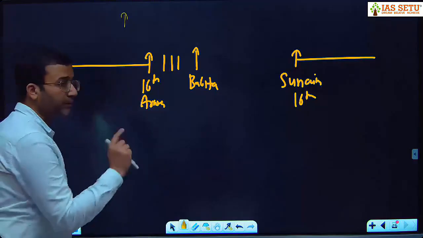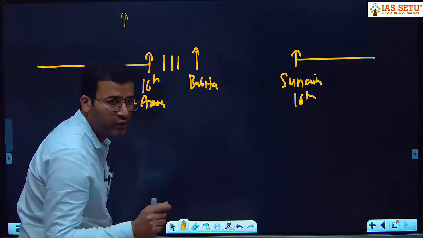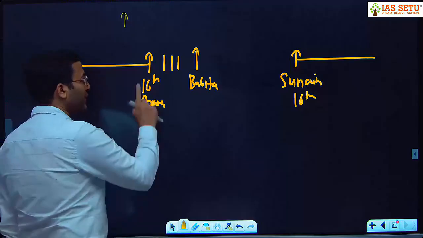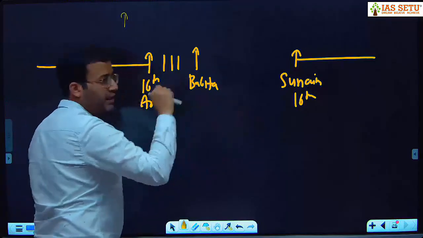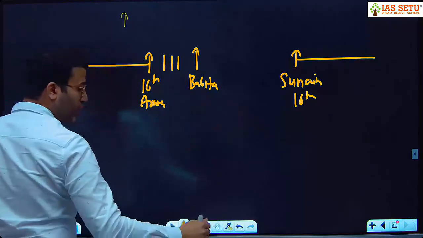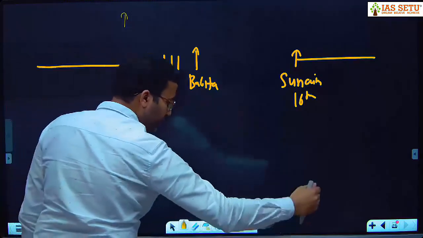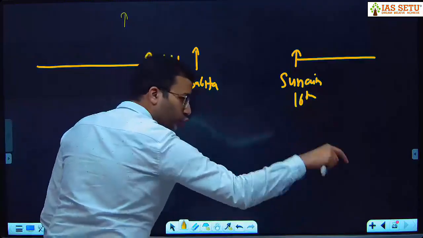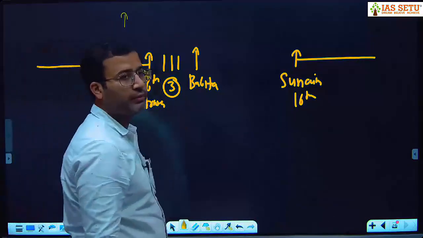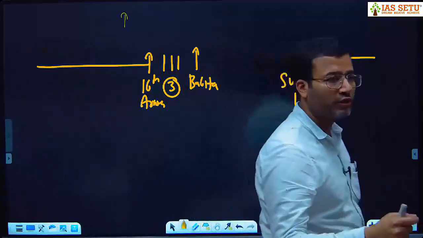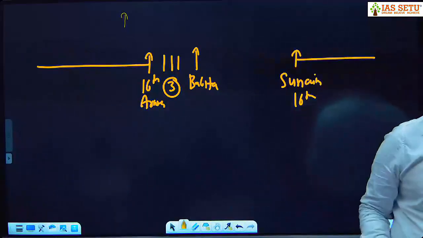If I say Babita, who is 4 to the right of Aruna, I start counting from the next place. First, second, third, fourth is Babita herself. It means there are 3 girls between Aruna and Babita because the fourth one is Babita herself.